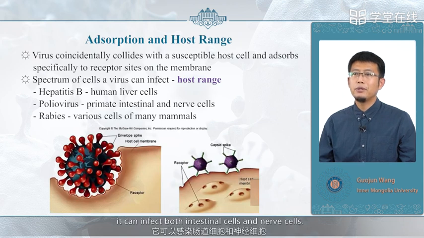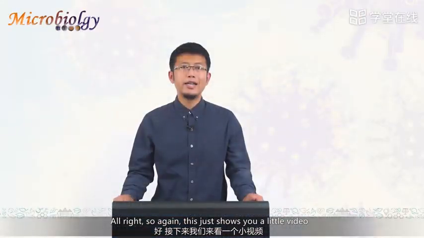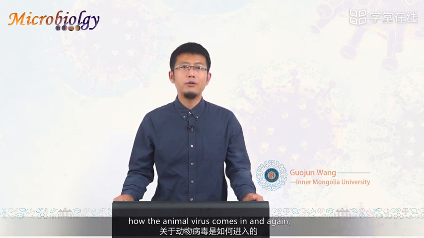It can infect both intestinal cells and nerve cells. And then, rabies virus is even more of a master key because it can bind to many different cells of many animals.